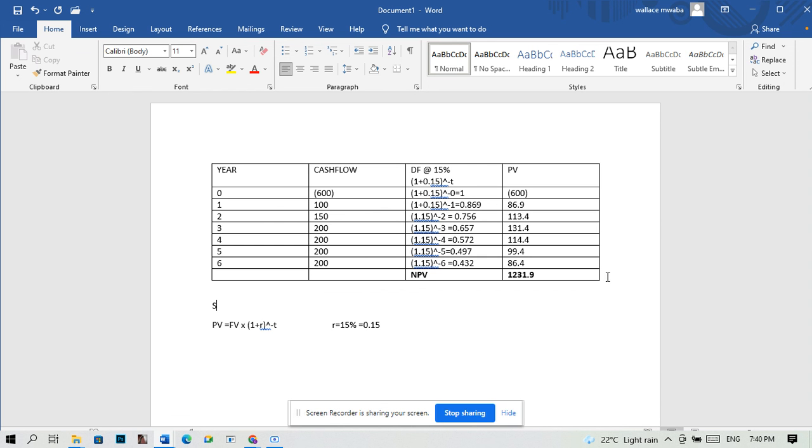Since the net present value is greater than 0, because it's positive, we accept. We accept.